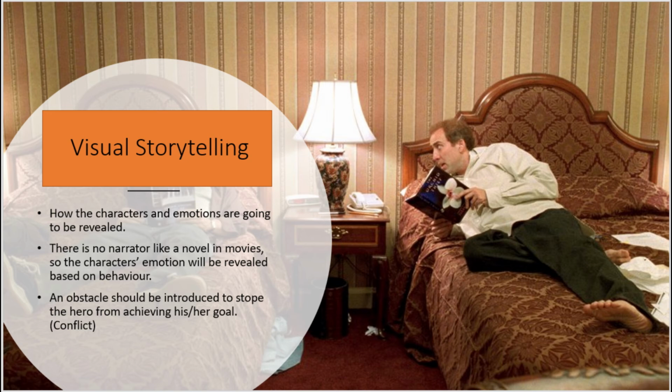Everything should be introduced through the behavior of the characters and the visual style of the film, the mise en scène. So, for that reason, certain conflicts should be introduced at certain times. And a good script is always changing the nature of that conflict for the viewers.